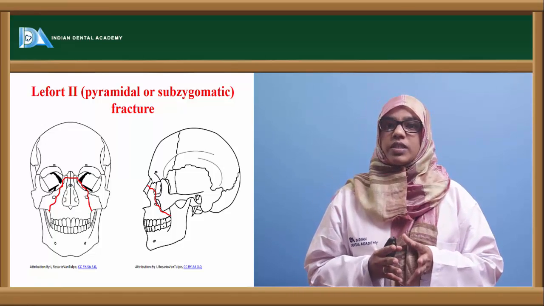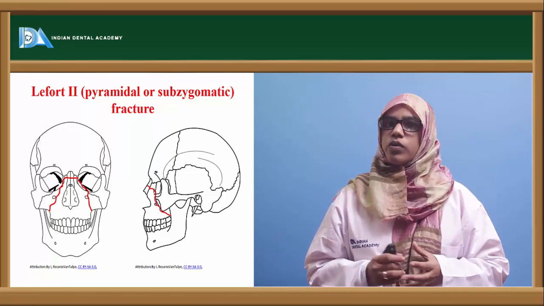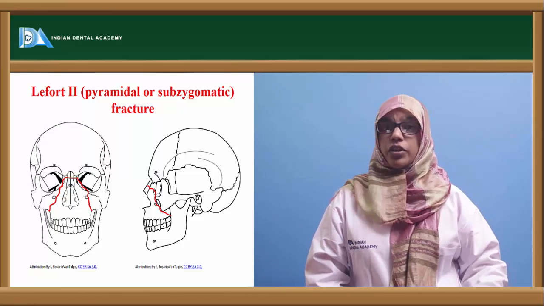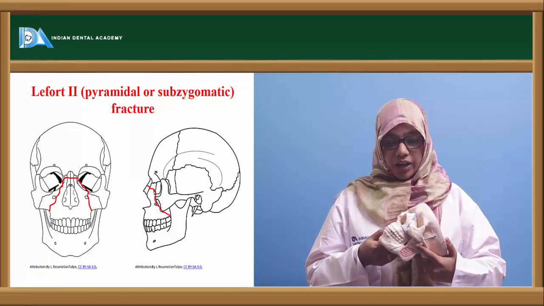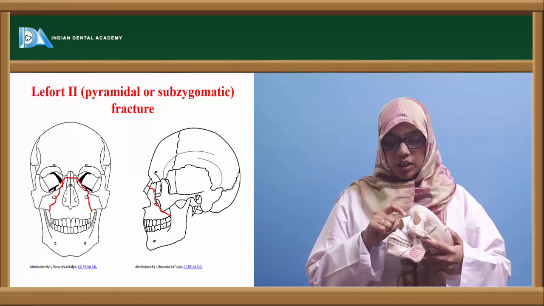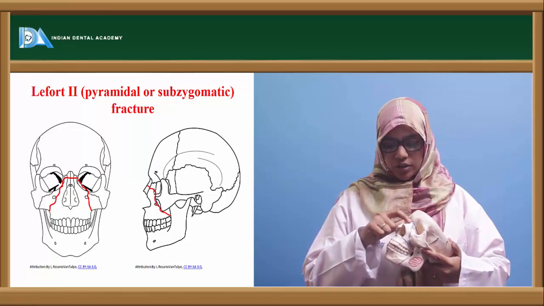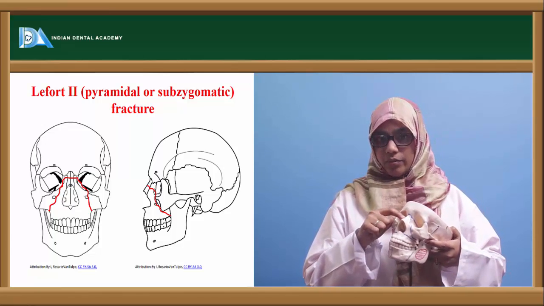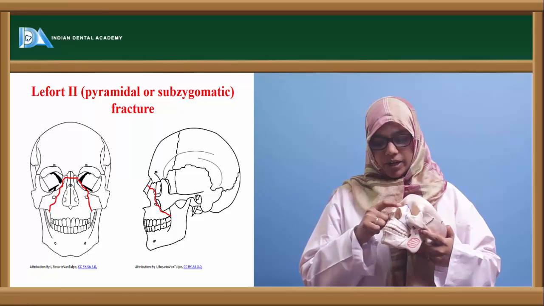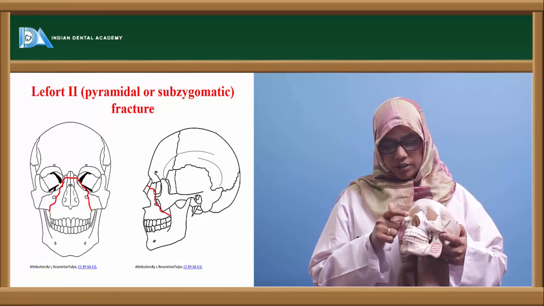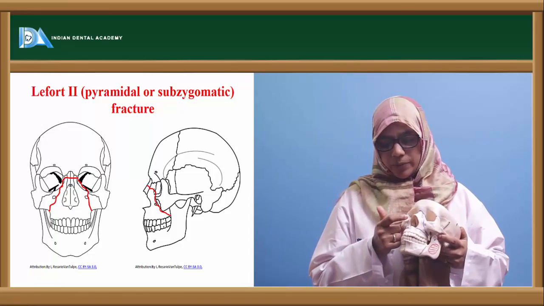These are also called pyramidal fractures. Now why pyramidal fracture? Because of their shape. Here the fracture starts below the frontonasal suture. It fractures across the nasal bone, the lacrimal bone and the zygomaticomaxillary region. It moves anterior to the lacrimal duct, crosses the infraorbital rim.